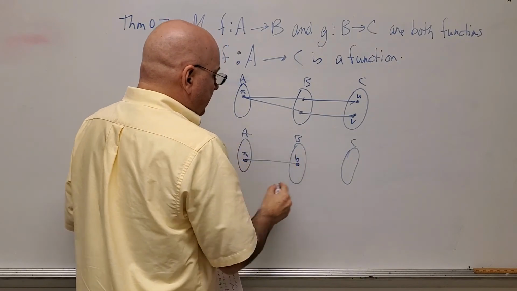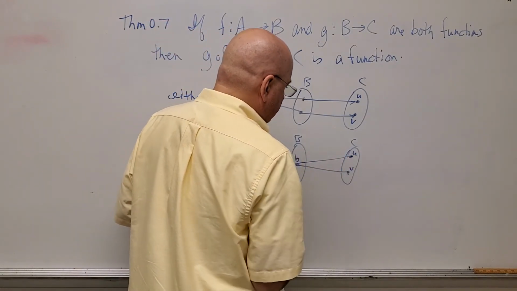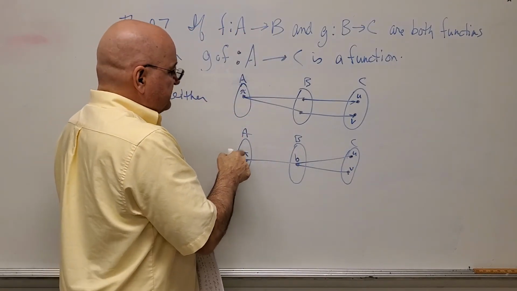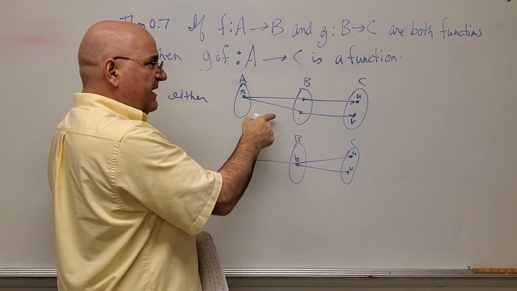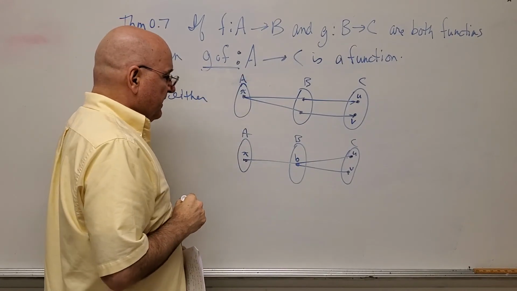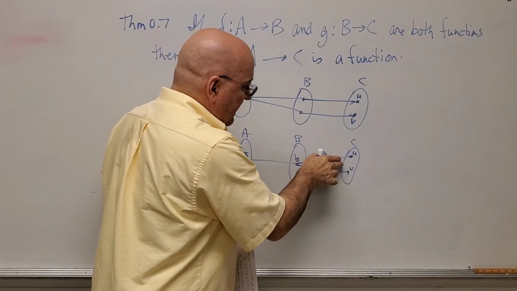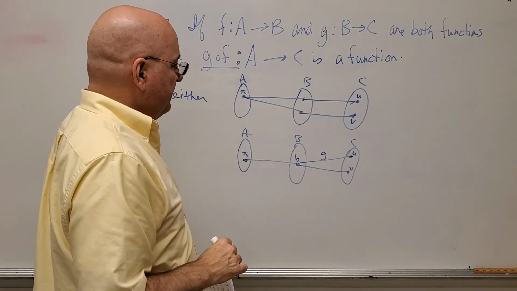Call it b. And b maps to two different numbers, u and v. I think that's about the only other way x could get mapped to two numbers under this function. But this is impossible because g is a function and b can only map to one number in the set capital C.